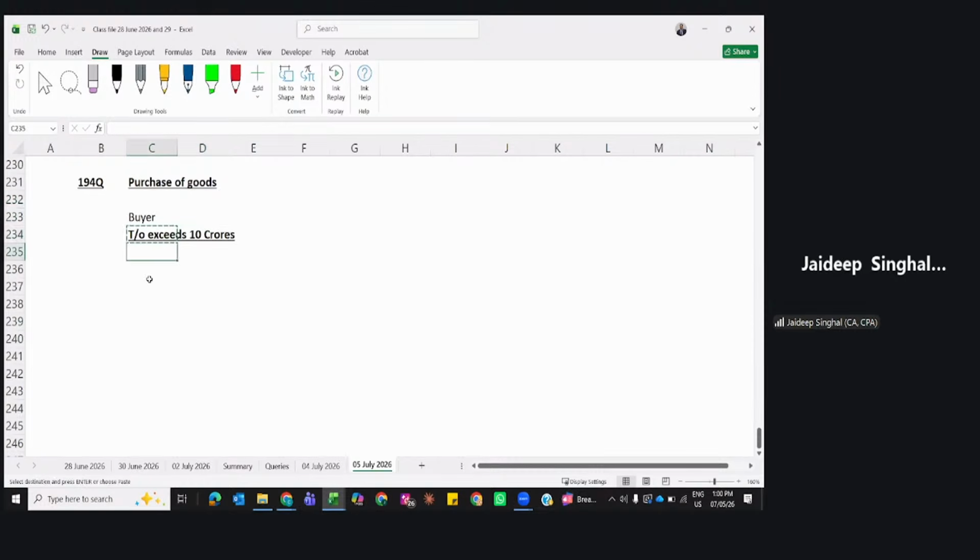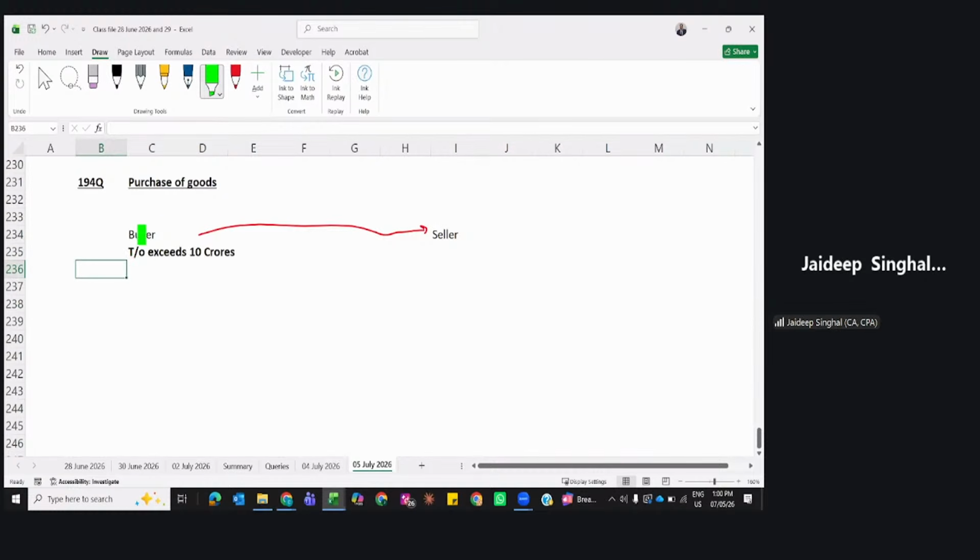Then you are paying to any resident, the seller, for goods purchased.